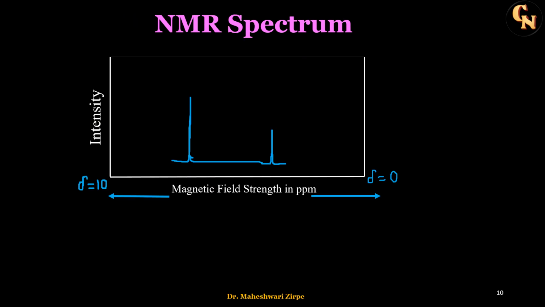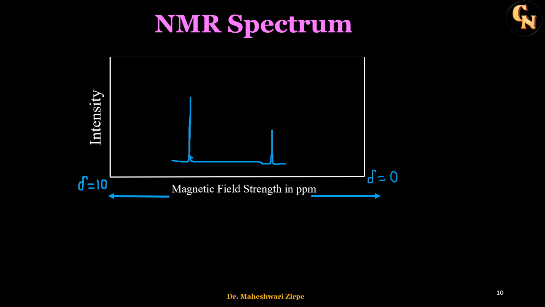Now this is how the NMR spectrum looks. When you place the compound in an NMR spectrometer, what is going to happen? On the screen you will find a spectrum. That spectrum depends on how many protons there are and in which environment the protons are present in that molecule. In low resolution you can see only a single line for each signal.